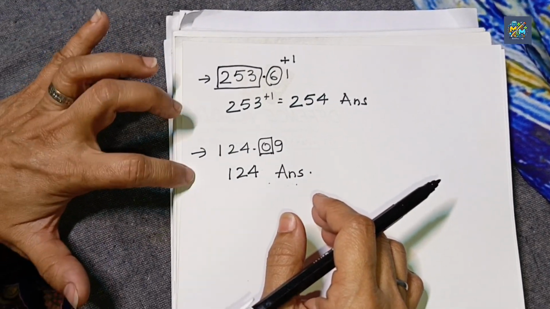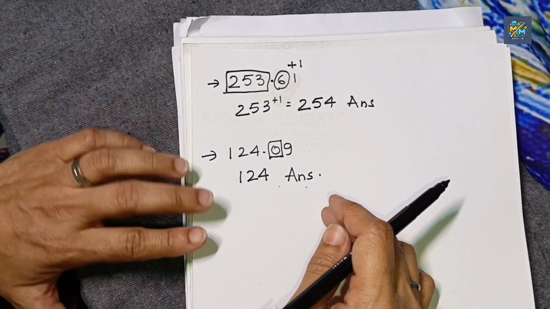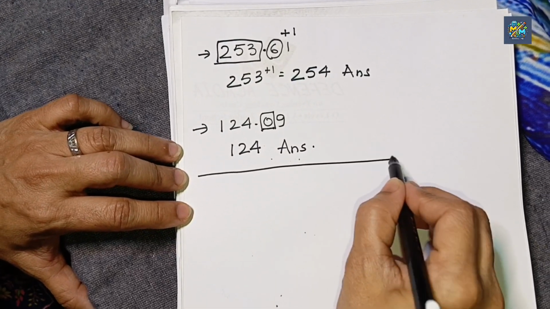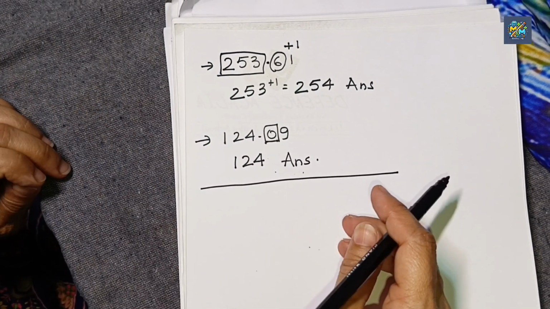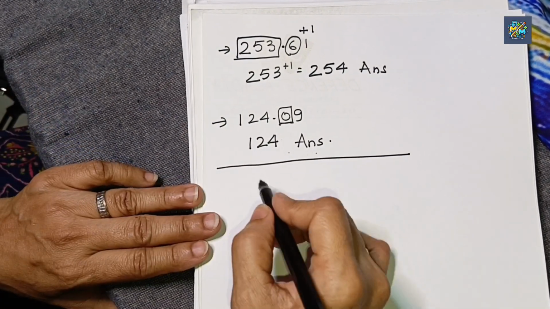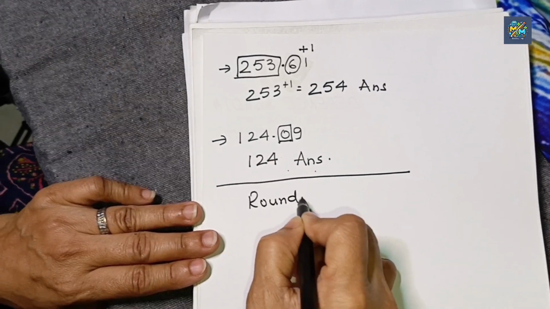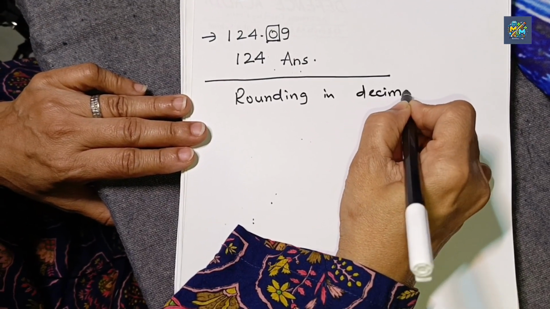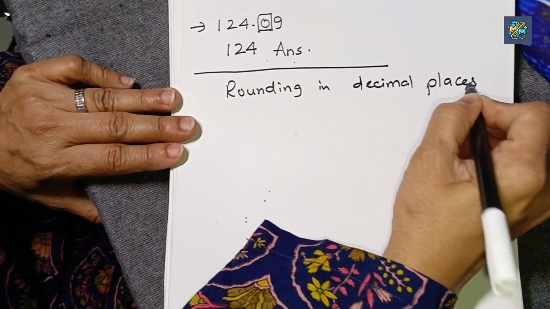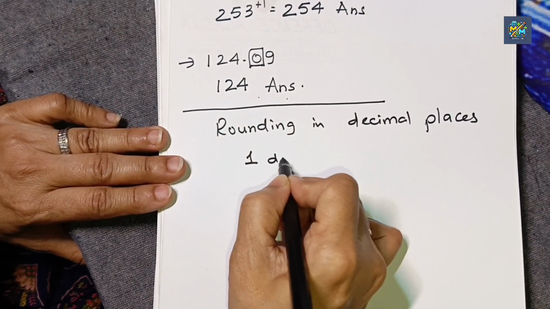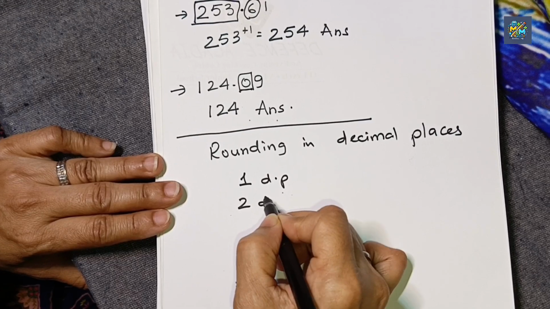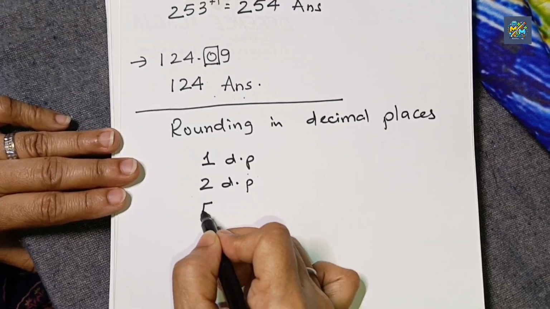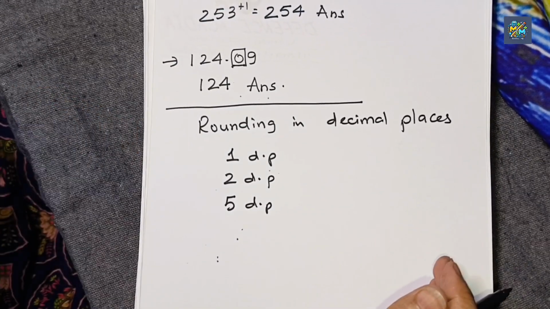This is one way of rounding off we have done. That was just to a whole number, but you know there are other ways as well. Rounding into decimal places. It can be one decimal place, two decimal places, five decimal places, and so on.